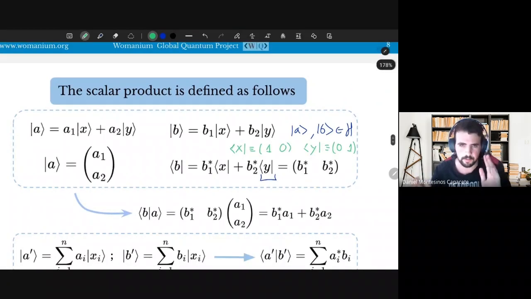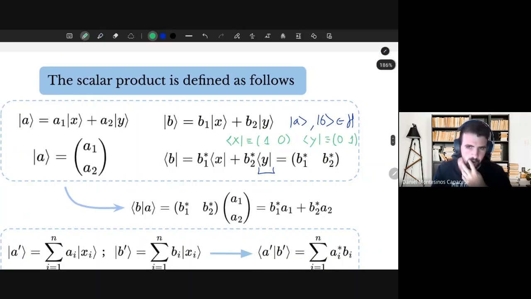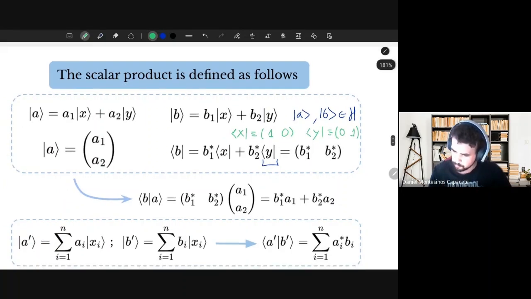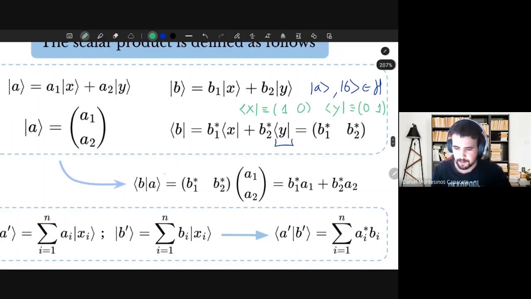I hope it's more or less understood. I know there are a lot of things that are just like this, and you may be wondering why, but that would be out of the scope of this course. So let's say we have this vector and this other vector written in this way.